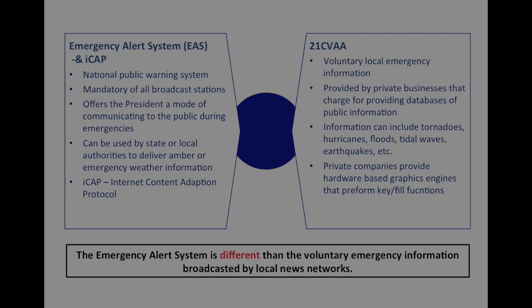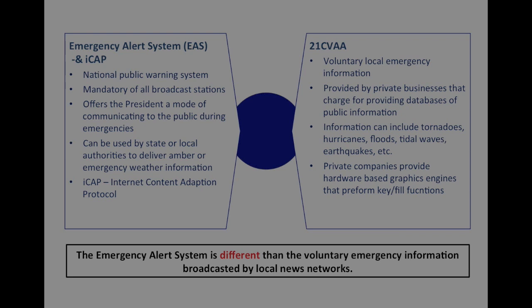EAS is a mandatory national public warning system that the president or other government officials could use to talk to the general population. The 21 CVAA requirements, on the other hand, involve voluntary information to the local consumers about local needs such as tornadoes, hurricanes, floods, severe weather.